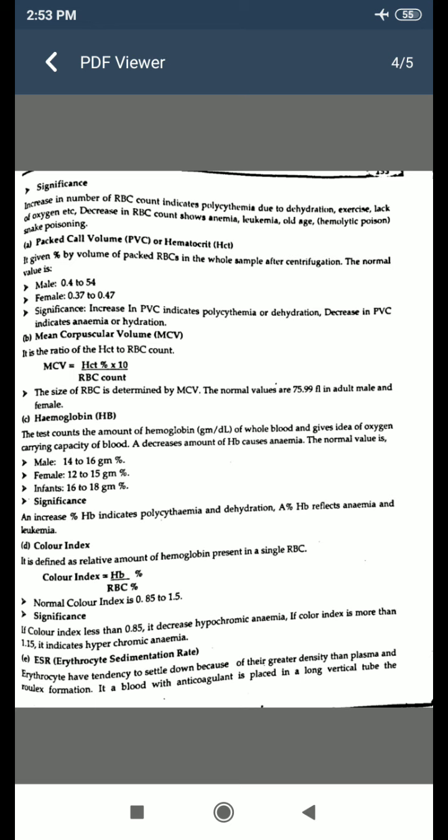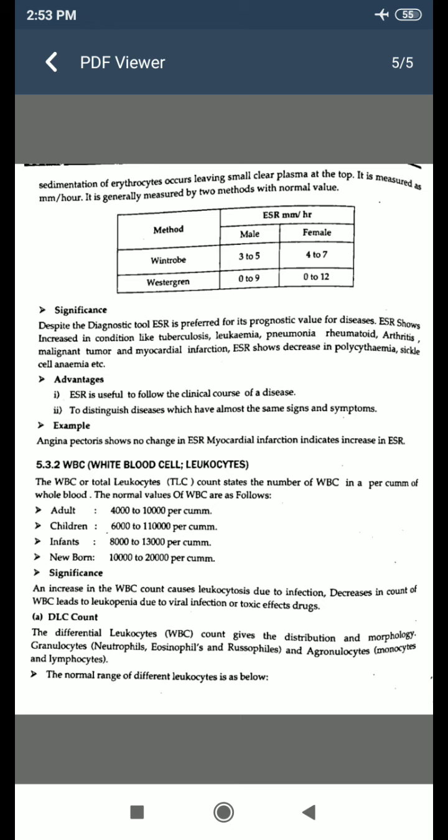Then erythrocyte sedimentation rate, that is ESR. Erythrocytes have a tendency to settle down because of their greater density than plasma, and rouleaux formation. Blood with anticoagulant is placed in a long vertical tube. The sedimentation of erythrocytes occurs, leaving a clear plasma layer at the top.